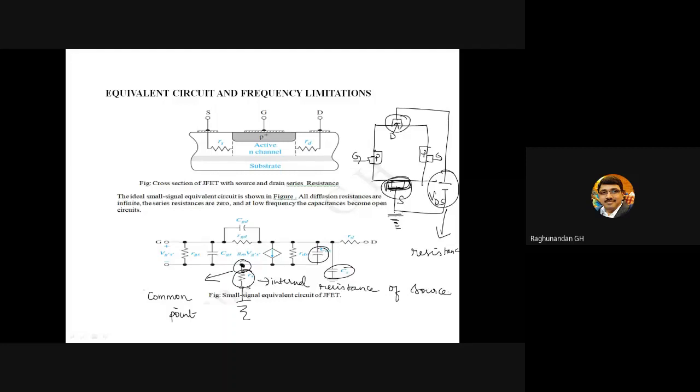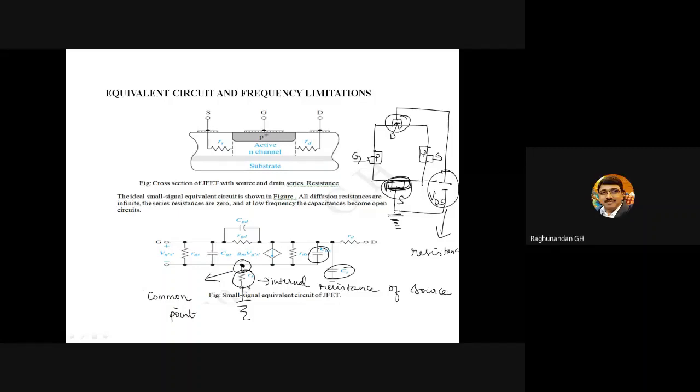Where are we getting the current from the transistor? The current flows from drain to source.